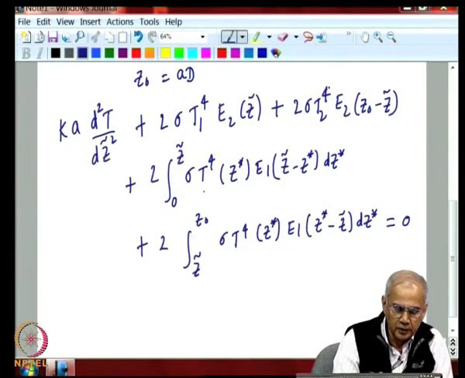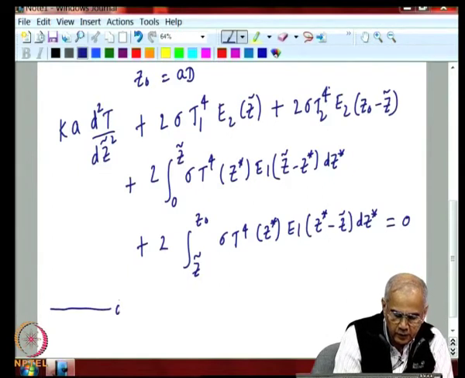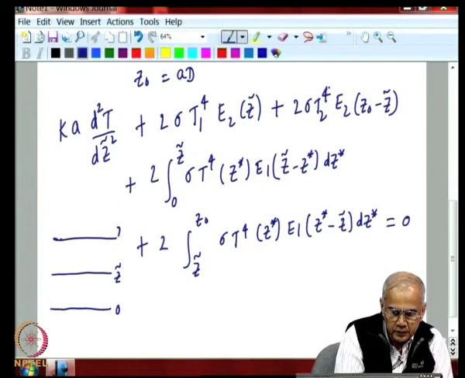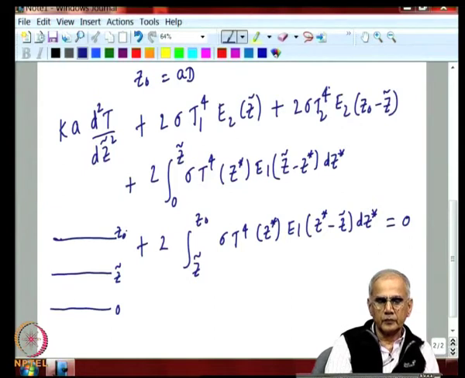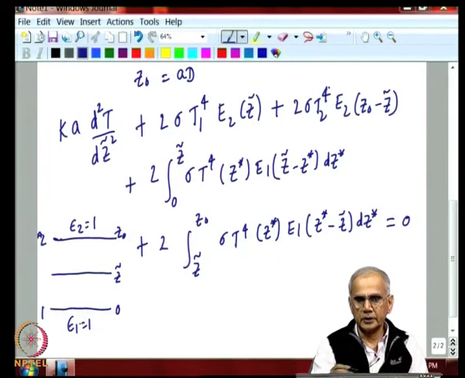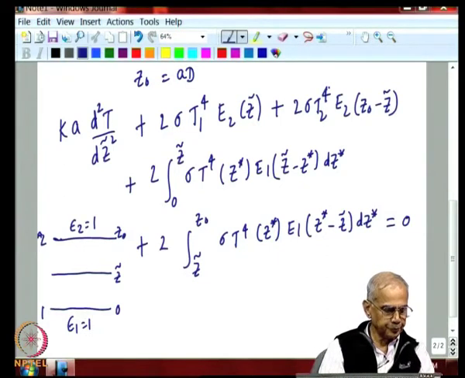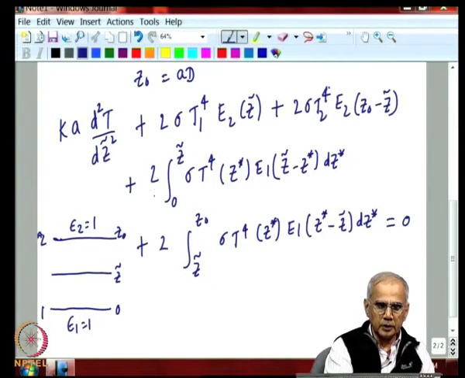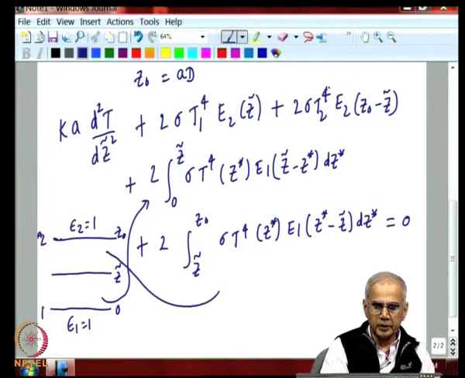and for convenience let us identify this as 0, this is Z tilde, this is Z0. And this is surface 1 and surface 2, and reminding you that both the surfaces have unit emissivity. So, they are black surfaces, that is what makes this problem somewhat simpler, and this term is the radiation emitted by this layer, and this is the radiation emitted by this layer.